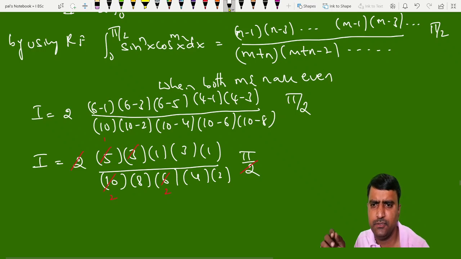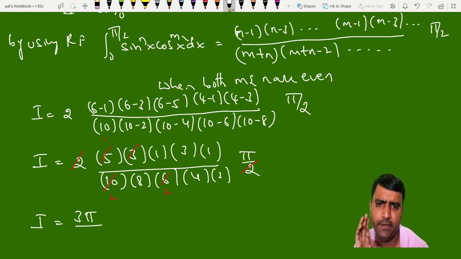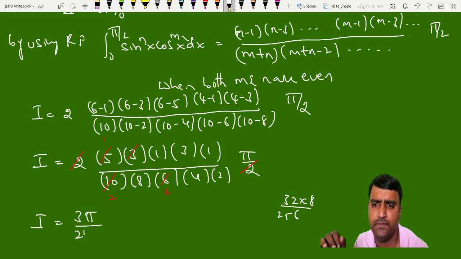So I is equal to, in the numerator 3 is remaining, 3 pi. This is 3 pi divided by, 8 2s are 16, 16 2s are 32, 32 into 8, 8 2s are 16, 8 3s are 24 plus 1 is 25, it is 256.